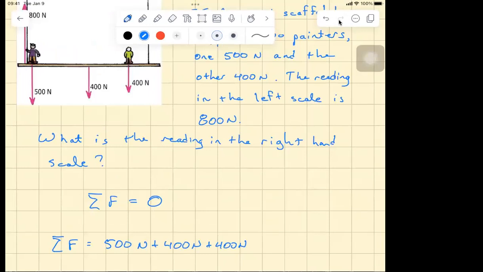I'm going to make those negative since they're all downward. So let's say minus 500 newtons minus 400 newtons minus 400 newtons plus 800 newtons.